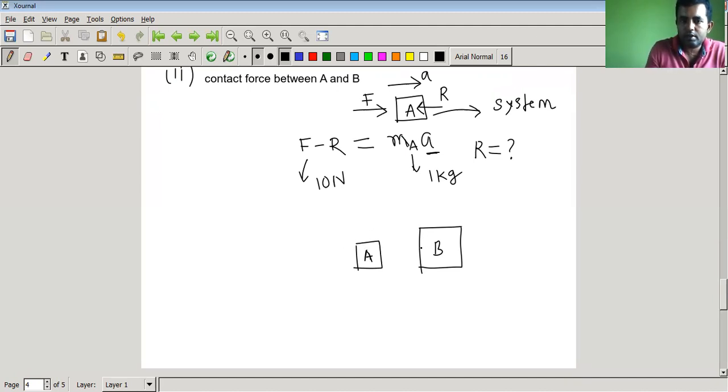If B is giving a force in this direction, then the contact force on this will be in this direction, which will have the same magnitude but opposite direction because of Newton's third law. Because this applies a force R in this direction, this will apply the force R in this direction. Fine. So that will be the same answer. Fine. Now moving on.